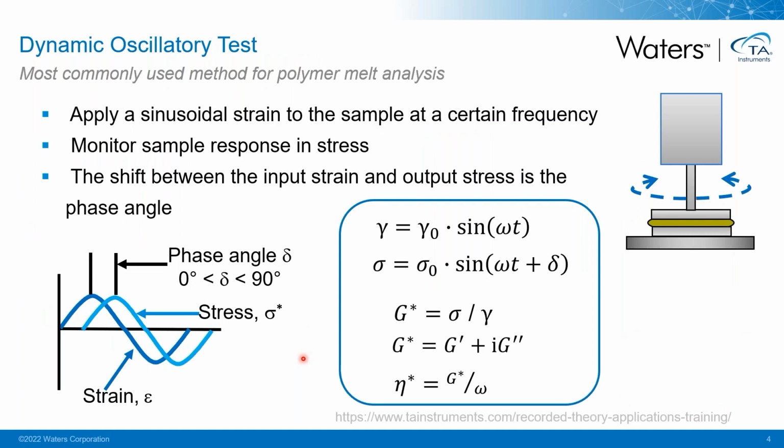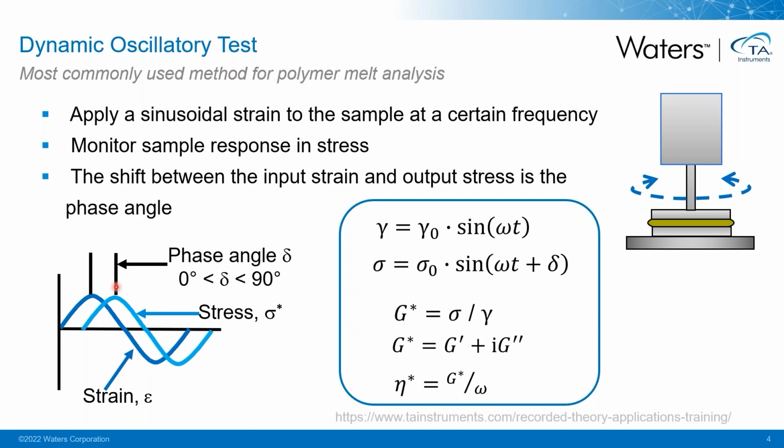The most commonly used rheological testing method for polymer melt analysis is the dynamic oscillatory mode. In this type of test, the rheometer applies a sinusoidal strain to the sample and monitors the sample's response in stress. The shift between the input strain and output stress signals is defined as the sample's phase angle.